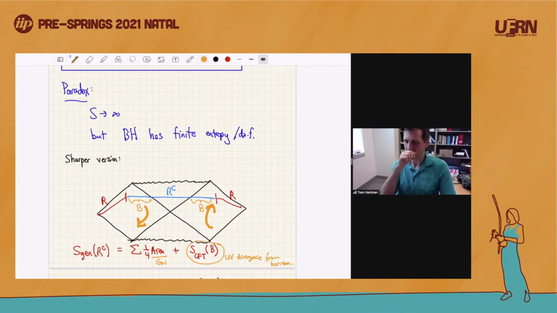If we go to late times, there's this Einstein-Rosen bridge across the inside of the black hole, growing linearly in time. The Einstein-Rosen bridge is getting huge and seems to be able to accommodate arbitrarily large entropy in the quantum fields on that slice.